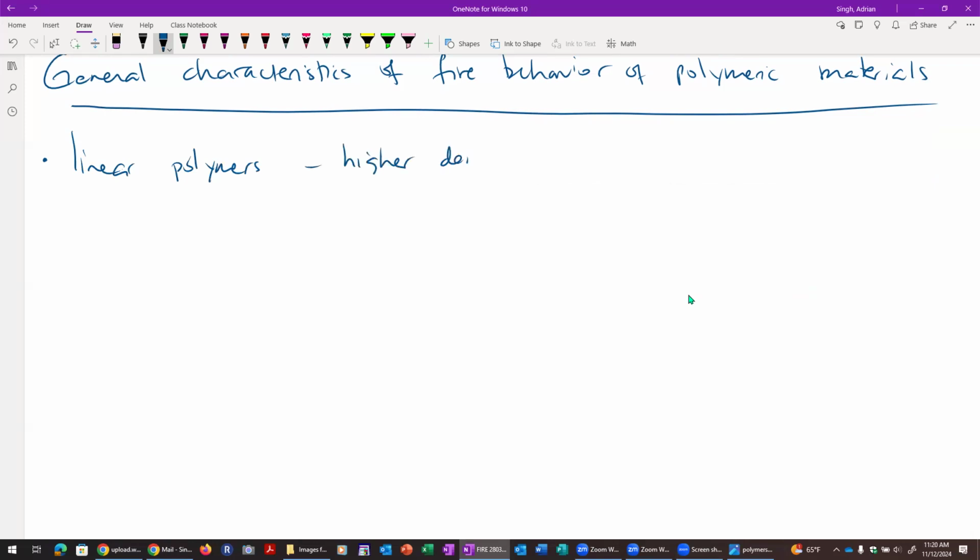We saw this before when we looked at cellulosic materials, for instance, higher densities than branched ones. And that's because they're able to pack or stack close together. And as a result, it leads to lower ignitability and flame spread.